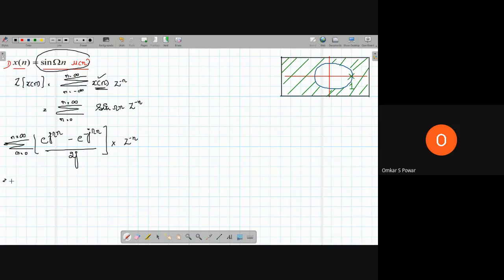How can we further simplify this? 1 by 2j summation n varies from 0 to infinity e power j omega n z to the power of minus n, minus 1 by 2j summation n varies from 0 to infinity e power minus j omega n z to the power of minus n. I am just separating the terms so that we can apply the formula.